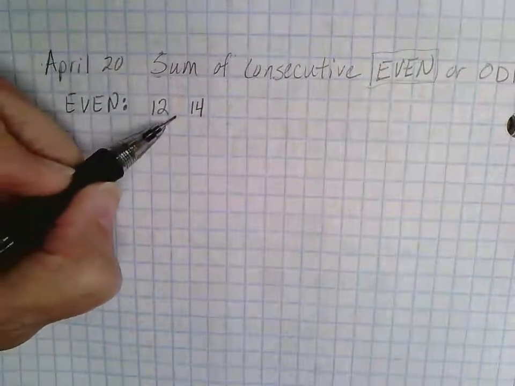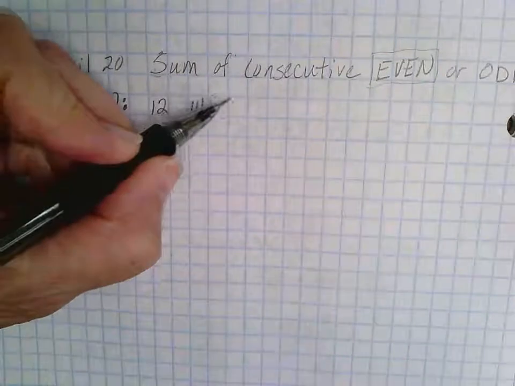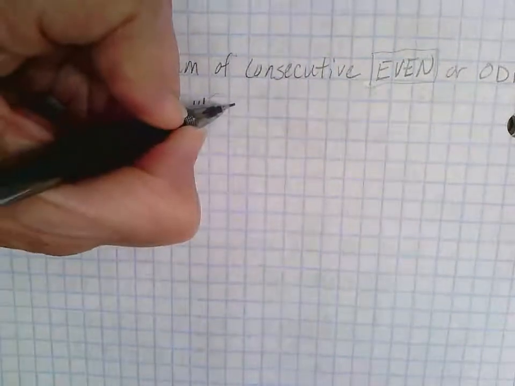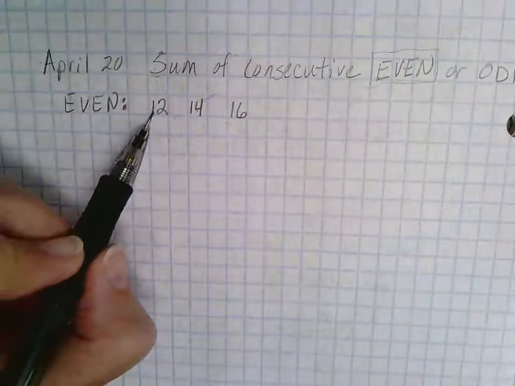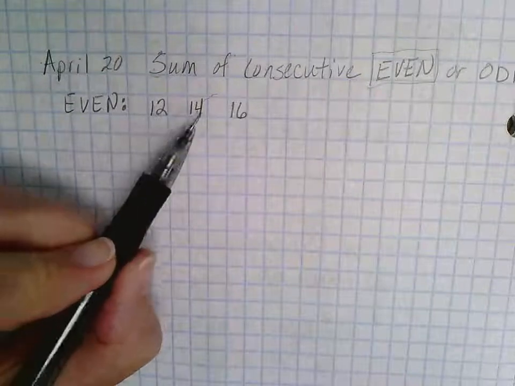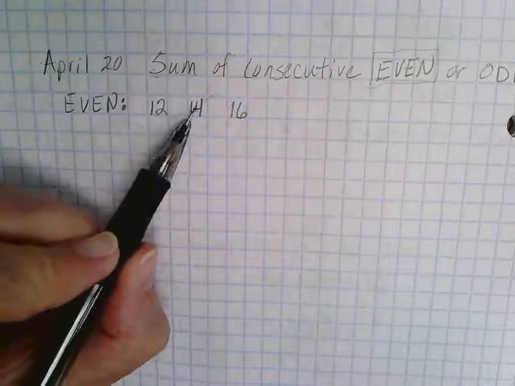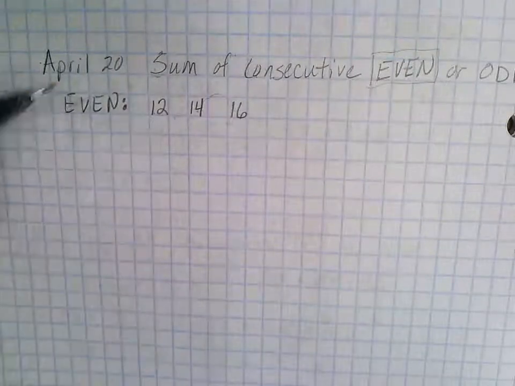You would be skipping 13 because that's odd. And then the next consecutive number after that would be 16. So if you were asked for the sum of 3 consecutive even numbers, you're going to be counting by twos, beginning with an even number.